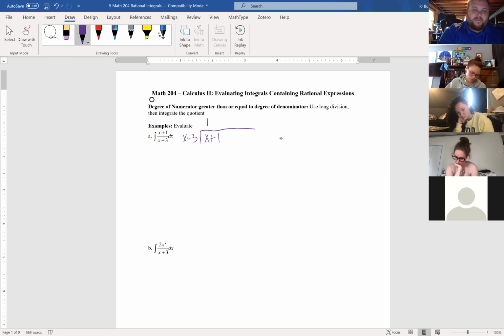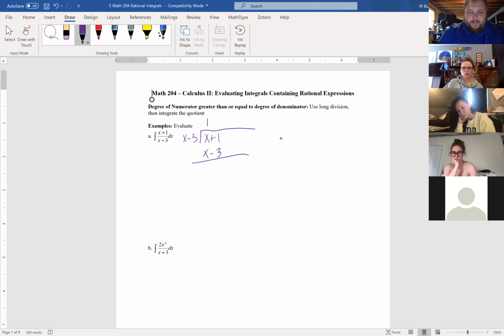Then the next step is to take that number, multiply it by whatever's out here, and write it right there. Then I would also take that number and multiply it by -3, and that gives me back -3.